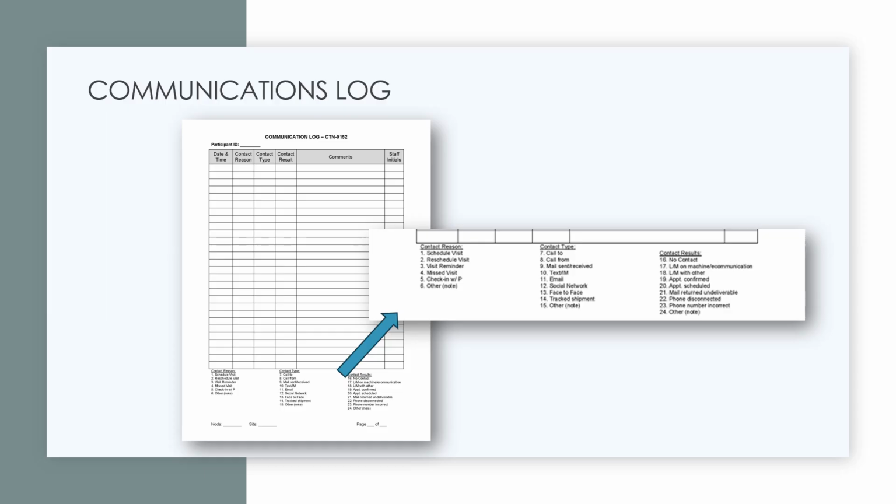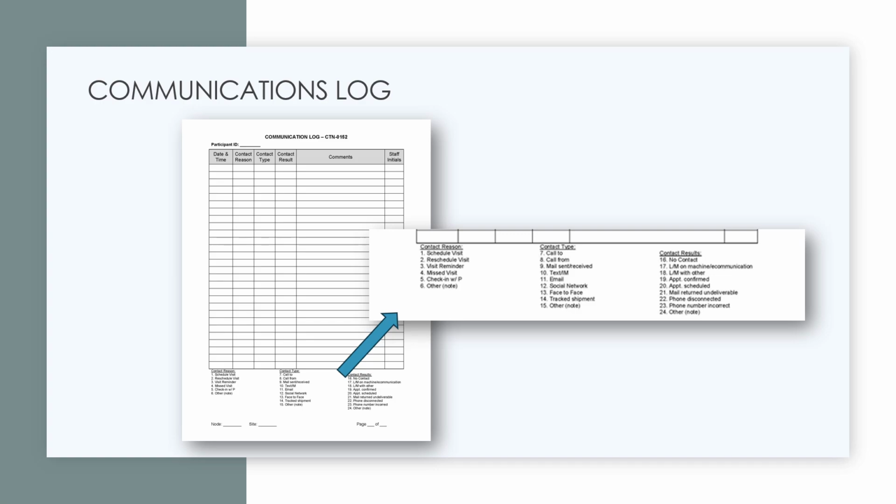The columns are fairly self-explanatory. The first column is used to enter the date and time of the contact or attempted contact. Column 2 is completed to indicate the reason for the contact, such as to schedule a visit, do a visit reminder, follow up after a missed visit, etc. The code list for this appears at the bottom of the page.